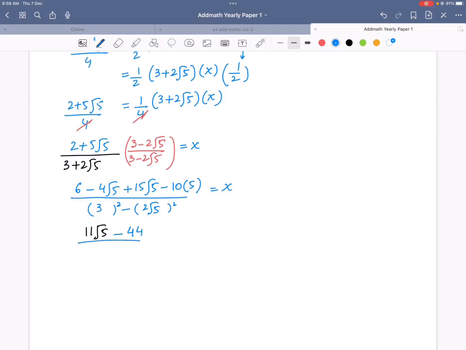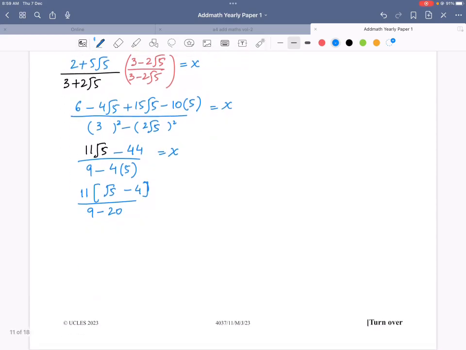And the denominator is 3 square 9, 2 square is 4, and root 5 square is 5, equals x. So in the numerator, I can take 11 common. Inside the bracket, it will be root 5 minus 4, divided by 9 minus 5 fours are 20. So it will be 11 root 5 minus 4 divided by minus 11.